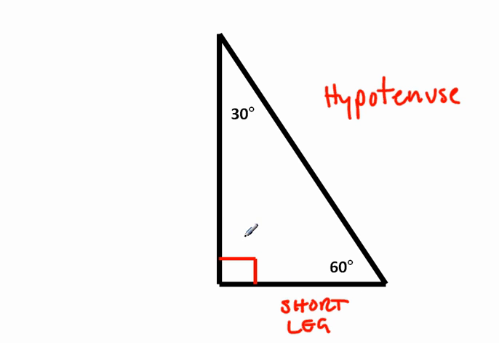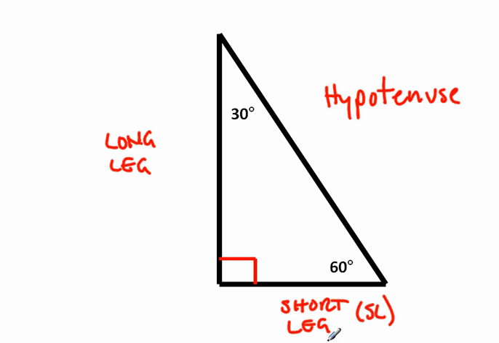These are both legs, and I know this leg has to be shorter because it's opposite the 30-degree angle, and that's smaller than 60. So the short leg. And we like to abbreviate this as SL, the short leg. This side over here is what we call the long leg.